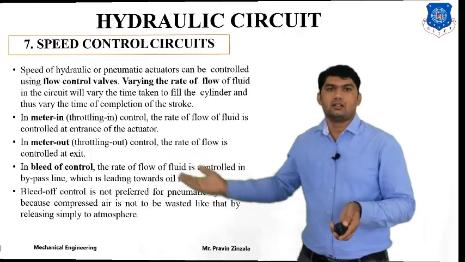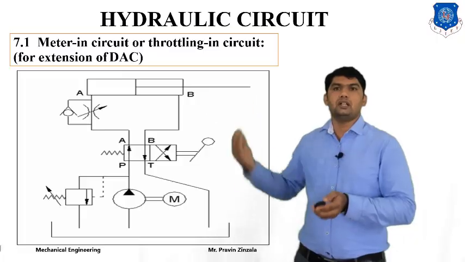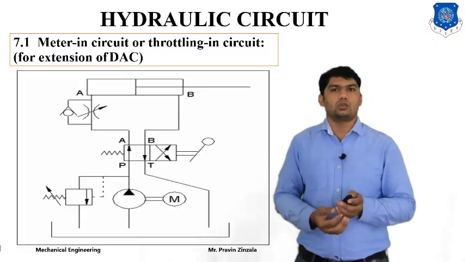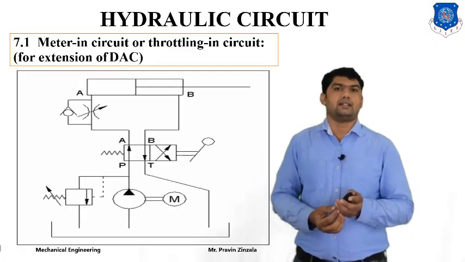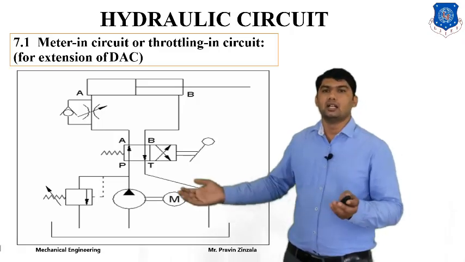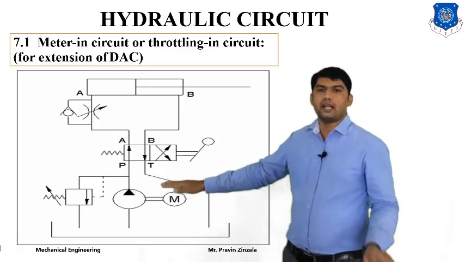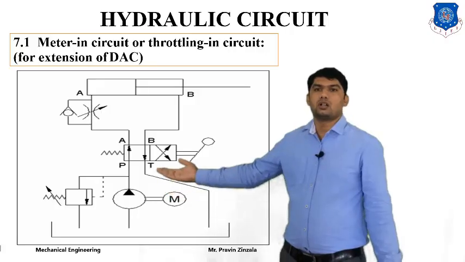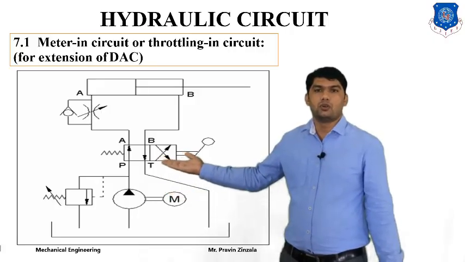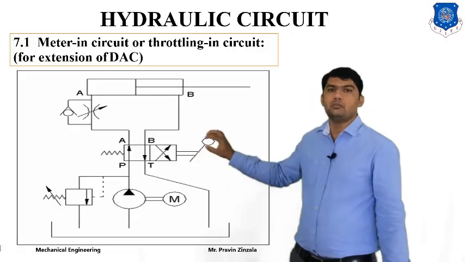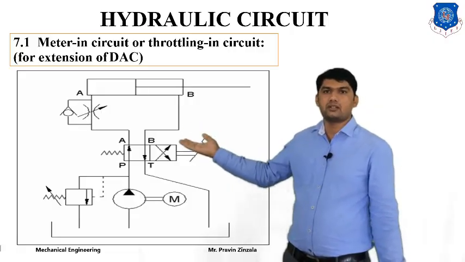So let's take an example. First example is the meter in circuit, or it's called the throttling circuit, for extraction of a double acting cylinder. So this is the power pack with the pump, motor, relief valve. This is the 4x2 direction control valve, a mechanical lever operated 4x2 direction control valve.